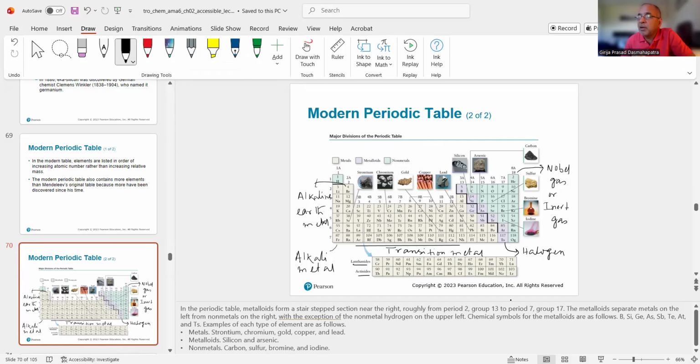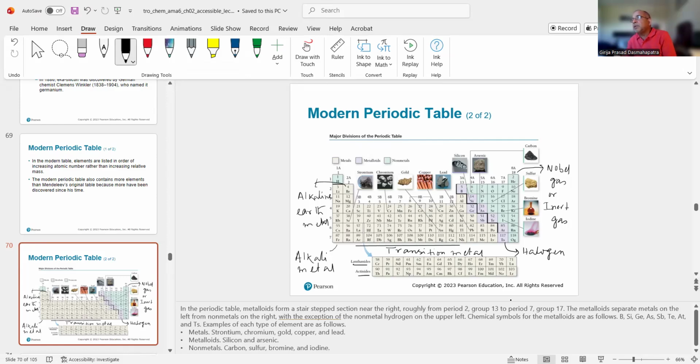So depending on the similarity of their properties, elements are classified as metals, metalloids, and non-metals. Also, they can be classified depending on their specific place in a group, like alkali metals, alkaline earth metals, halogens, noble gases, or inert gases.